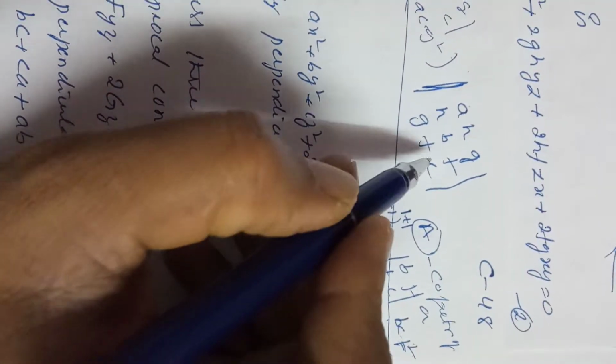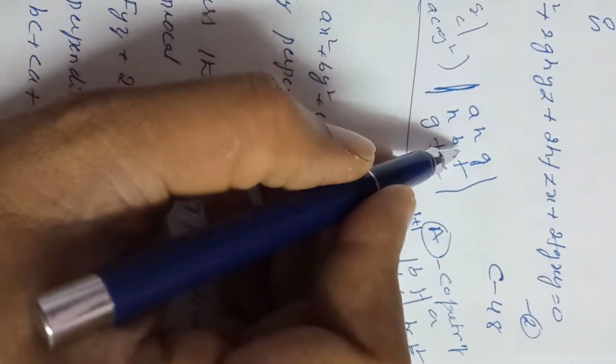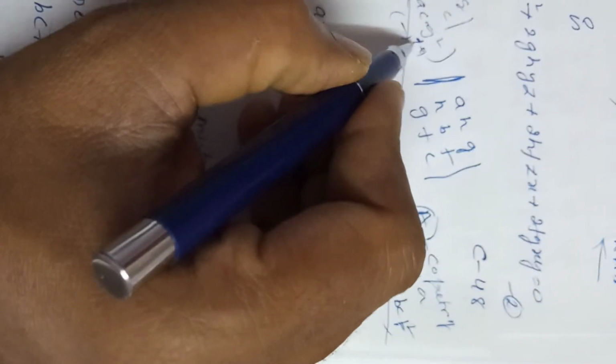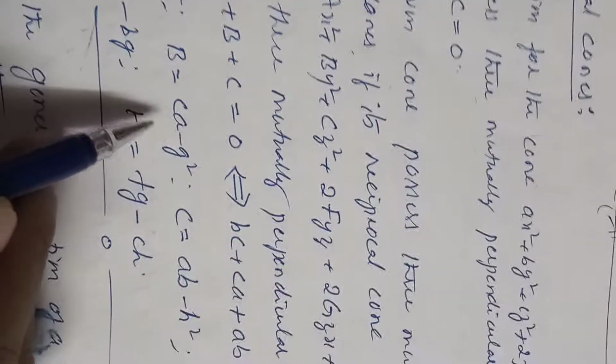AC minus G square is multiplied by, if you want to find the cofactor of this one, minus 1 to the power of second row, second column, no? Second row, second column is 2 plus 2. Minus 1 to the power of 4 is 1, so it is AC minus G square only. Or AC, or you can write CA.